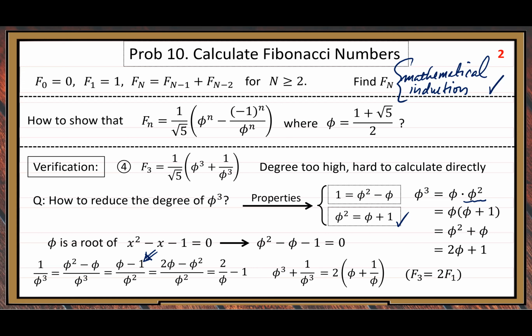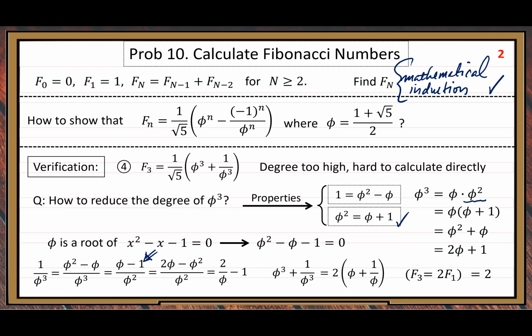If you look at the original formula, you have this equality to be verified, and we know that's true, right? F3 equals 2F1, and 2F1 equals 2. So this phi cubed expression, we end up with this answer 2. So that's the case 4 verification.